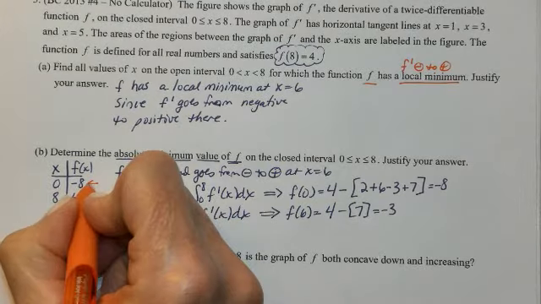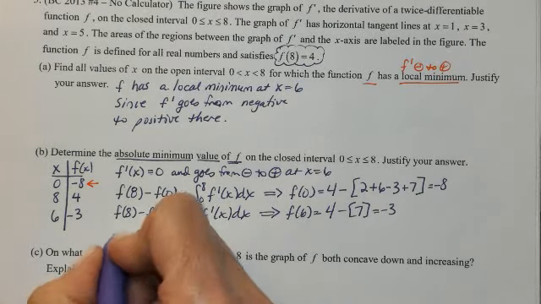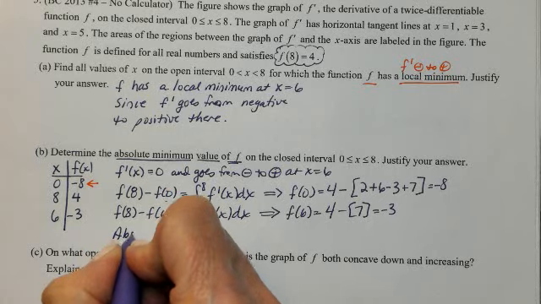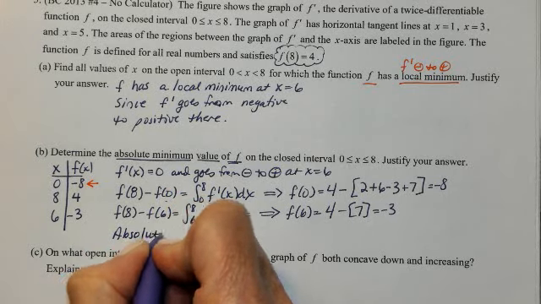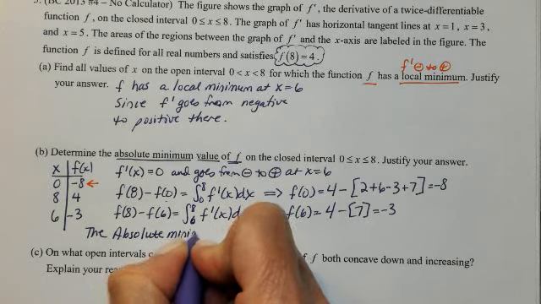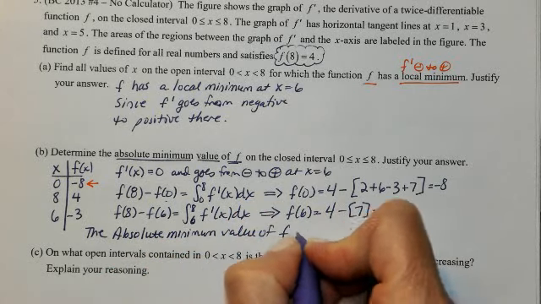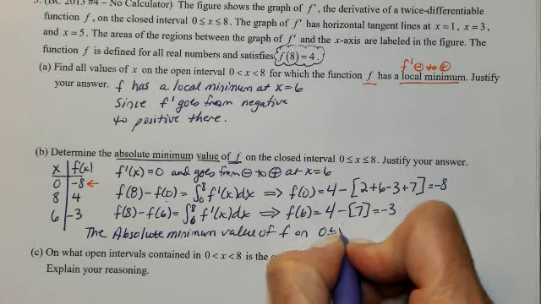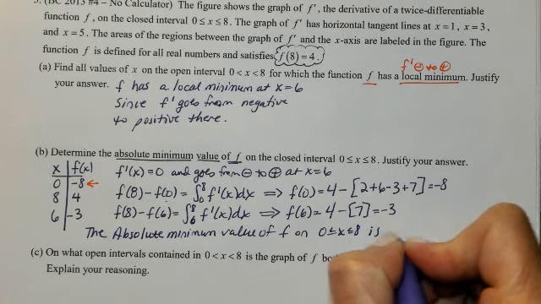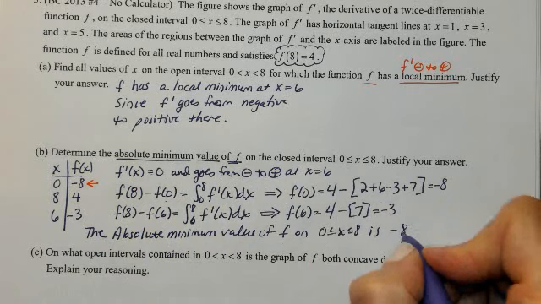And here it is. The absolute min must be negative 8. So the absolute minimum value of f on 0 to 8 is negative 8. Did they ask me for the x value? No. So I can just stop there.